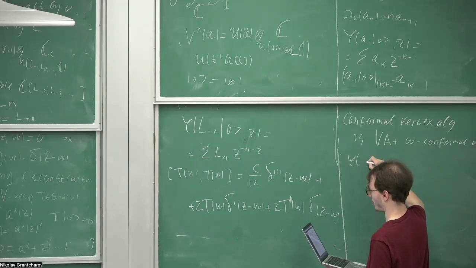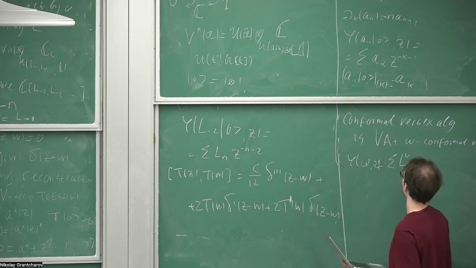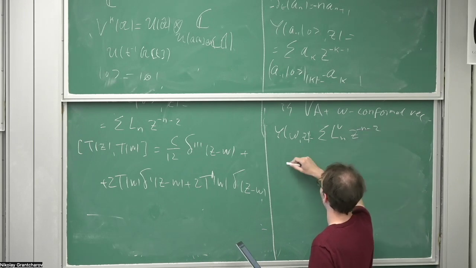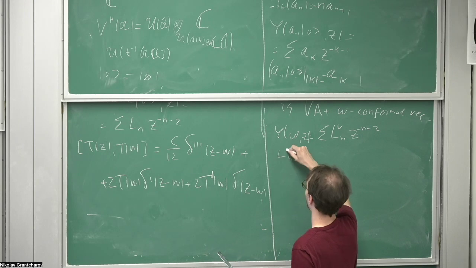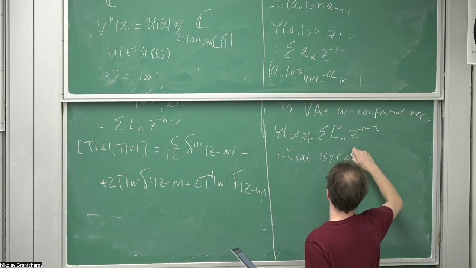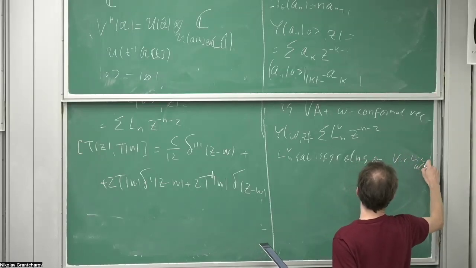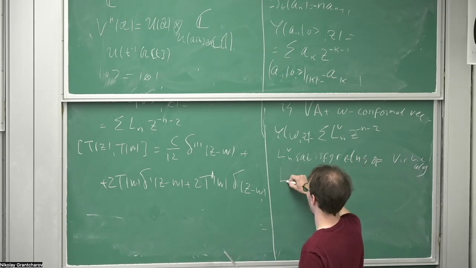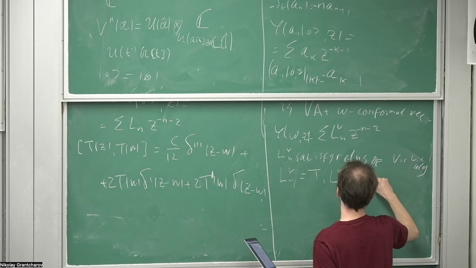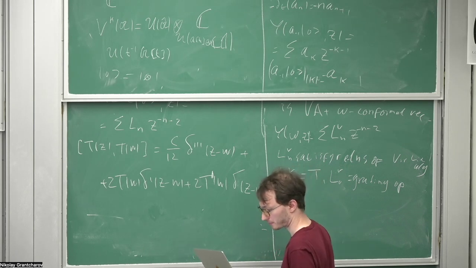So I write Y(omega, z) as the sum of Ln z^(-n-2), with the following conditions: that Ln as endomorphisms of V satisfy the relations of the Virasoro algebra, and L minus 1 is T, and L0 is the grading operator. It multiplies elements of degree n by n.